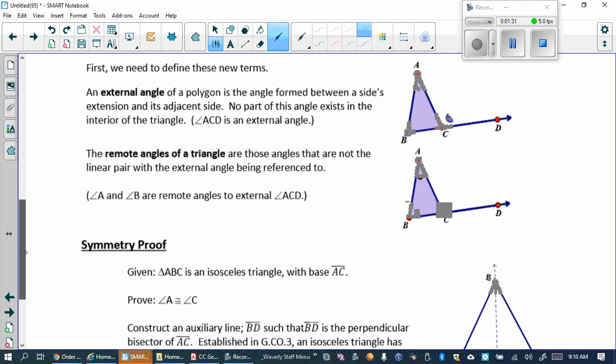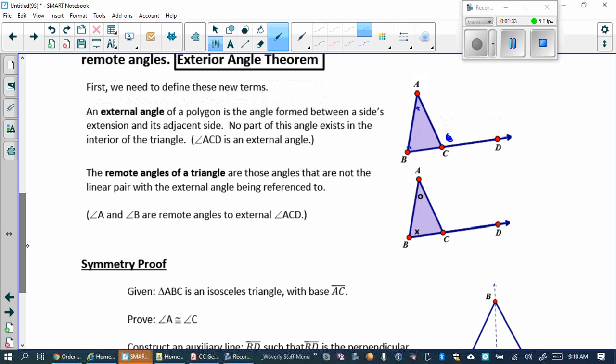So it adds up to the other two. Let's think about why this might be, just real quick. What do all three angles in a triangle add to? 180. What do these two angles add to? 180. So this one here plus this one equals 180. But this one plus these two equals 180 also, doesn't it?